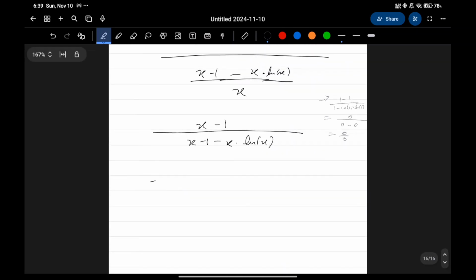Okay, now because this is in the 0 over 0 form, we can differentiate it again.